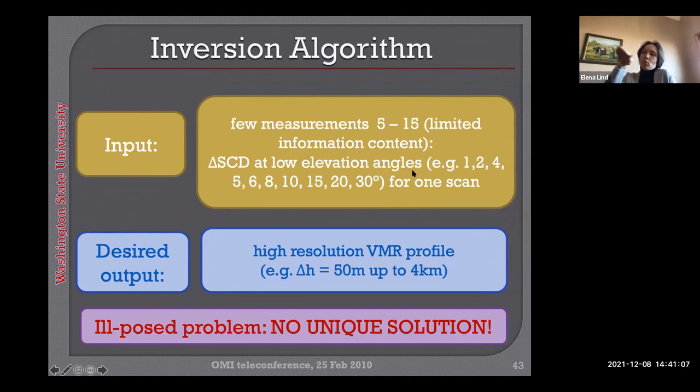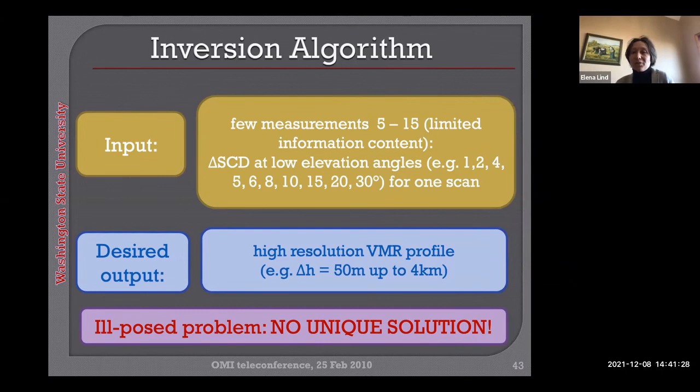So you go boom, boom, boom, boom, boom. You take a measurement above, you take it as a reference, and you have this differential absorption, which means the absorption along those different paths. So your real goal is to have a high resolution vertical profile from that limited number of measurements.